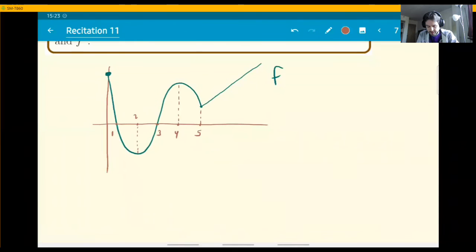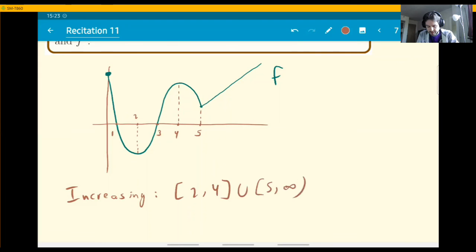So for example, in terms of increasing, what are the intervals of increase here? That would be when the graph is going up. It's between 2 and 4, this part. You can include them as closed brackets or not, doesn't matter. And then also it increases after 5.